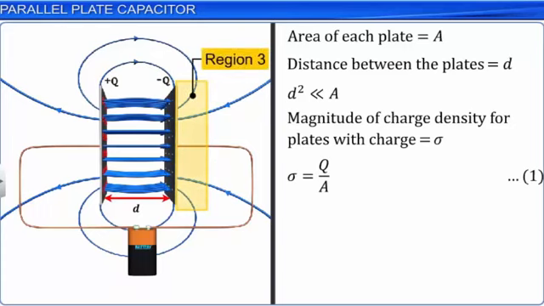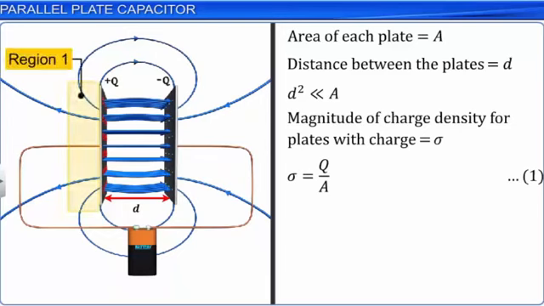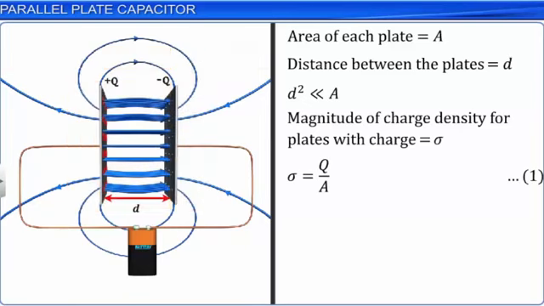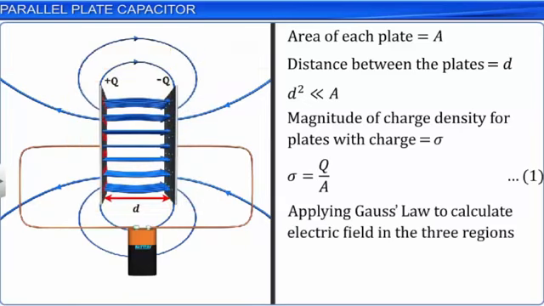Let us now calculate the electric field in the regions 1, 2 and 3 with respect to the capacitor. We do this by applying the Gauss law.